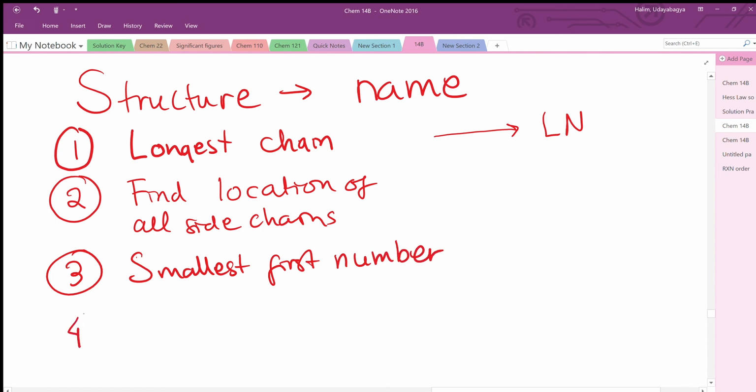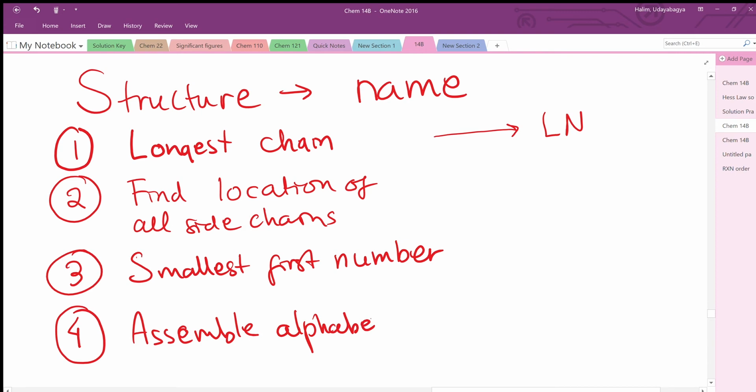And 4, assemble everything alphabetically. Assemble alphabetically, exclude the prefix.